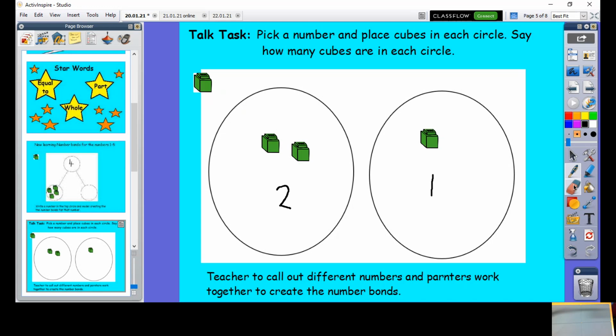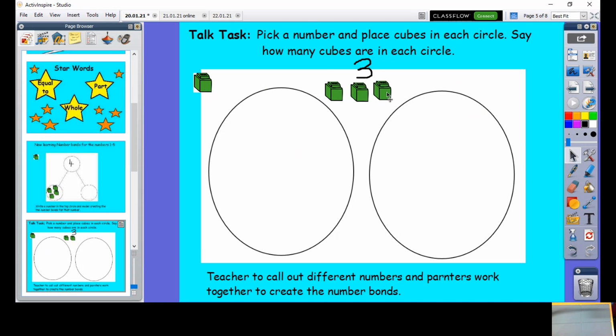Let's try one more time. So I've got my 3 cubes at the top. And let's try one more time. So I could go 1, 2, 3.